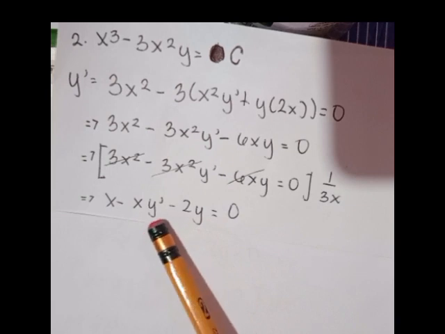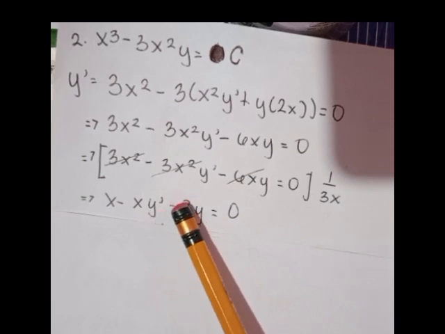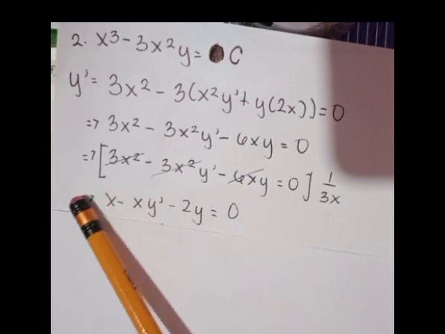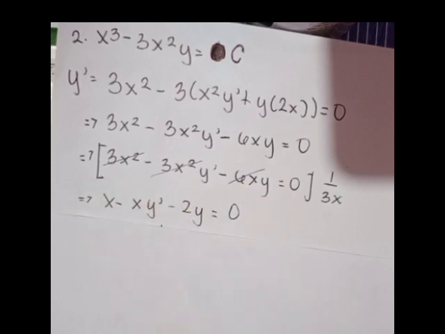And take note that this y prime is equal to dy over dx, therefore we need to multiply by dx to simplify this whole function.